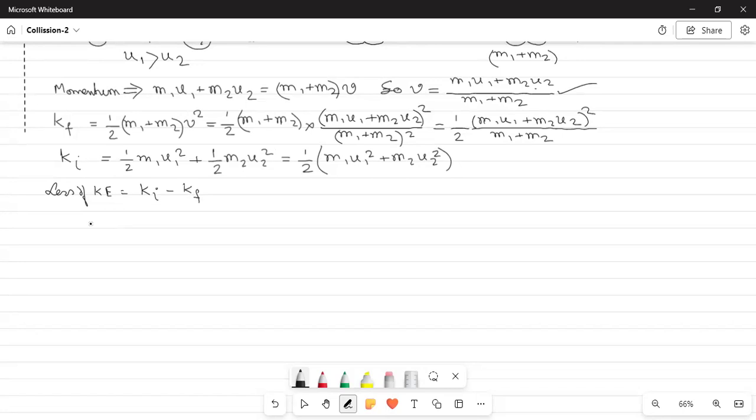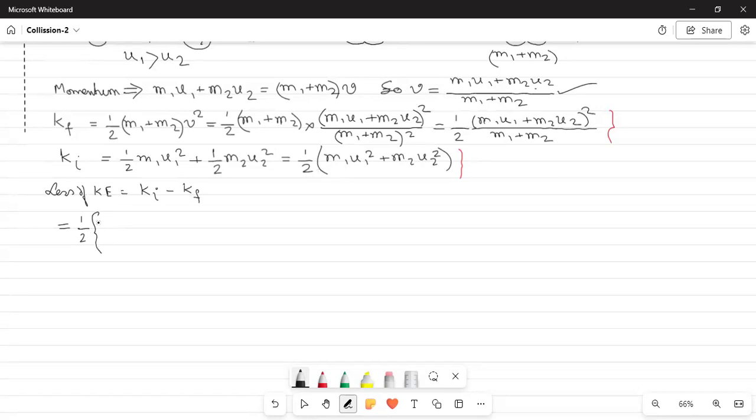Ki minus K, the loss of kinetic energy: we have seen this is the final kinetic energy and this is the initial kinetic energy. In both cases, there is a half. So this half we can take outside.